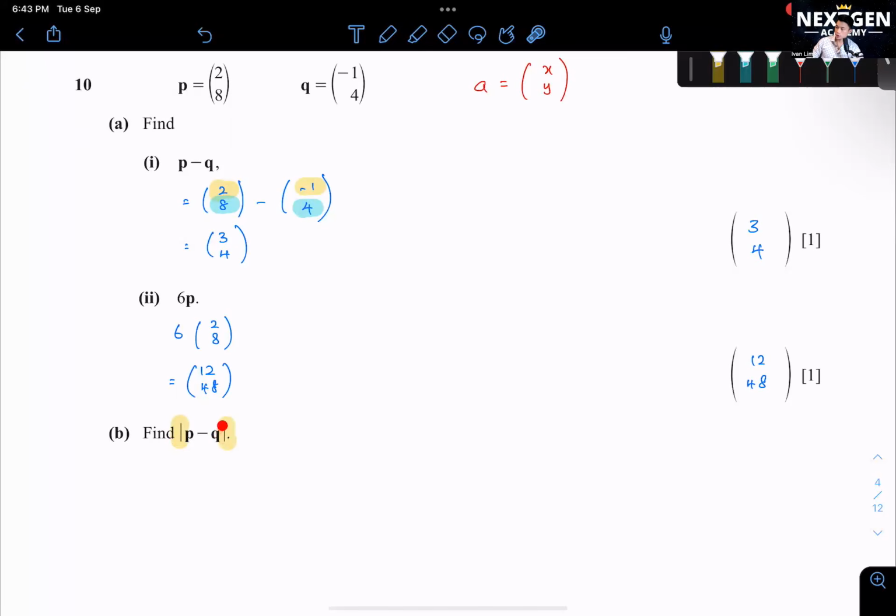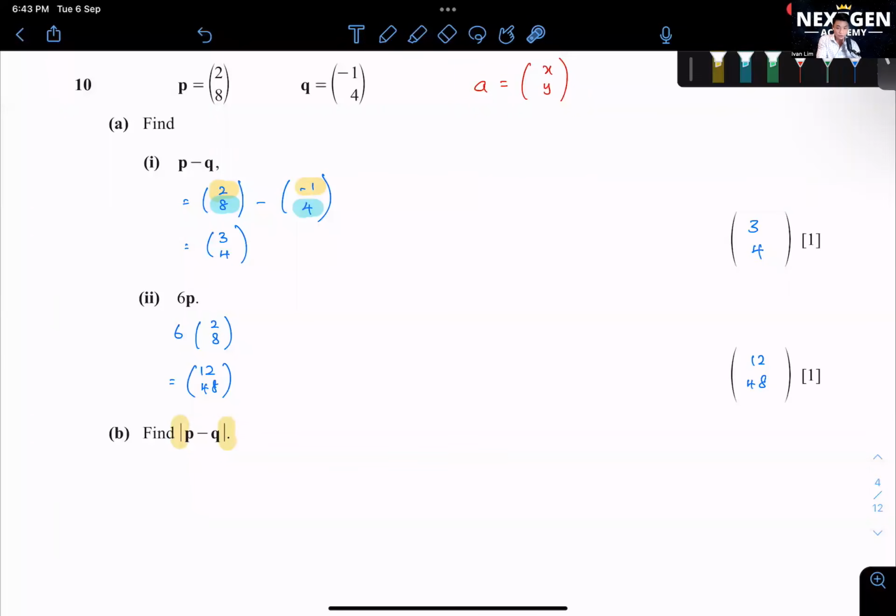It's a modulus, right? But a modulus in a column vector like this means what? Negative to positive? No. For this specific part here, it's not. What you're saying is correct for just values by themselves, but this one is a column vector.